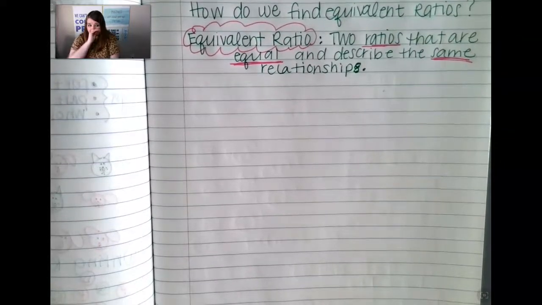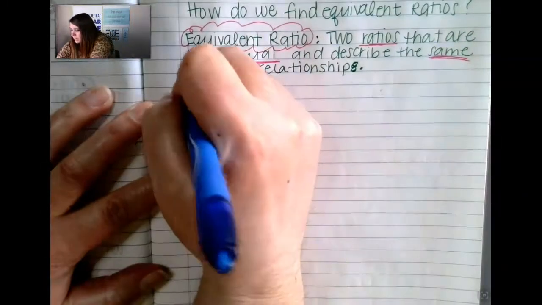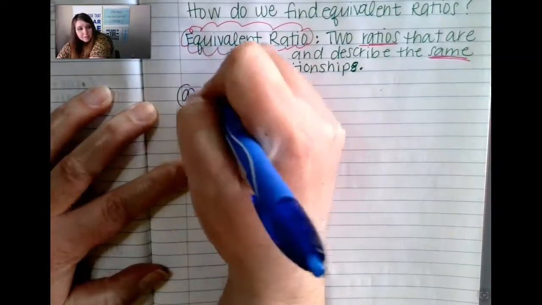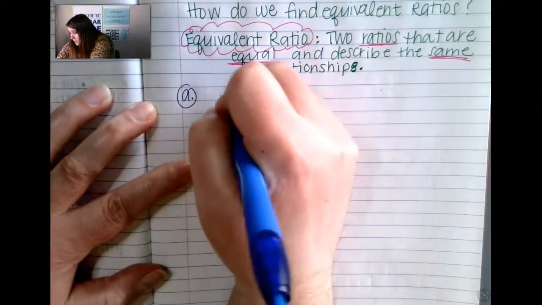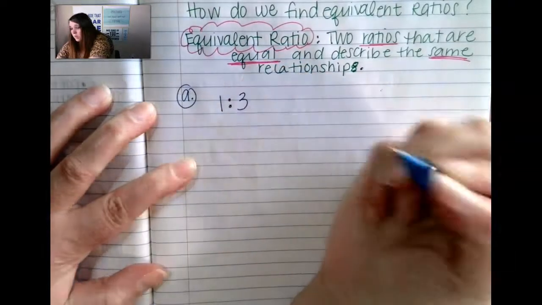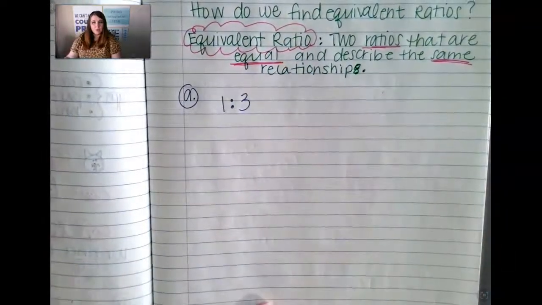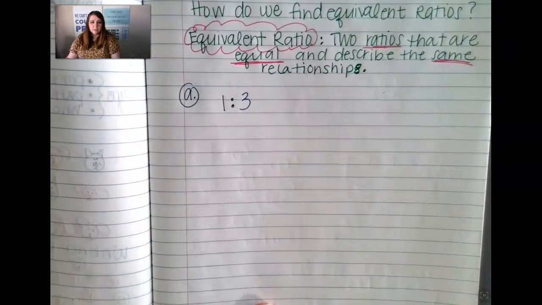So let's say that I have an example, and in my example, I have 1 to 3. Okay, so there's one ratio right there, 1 to 3.